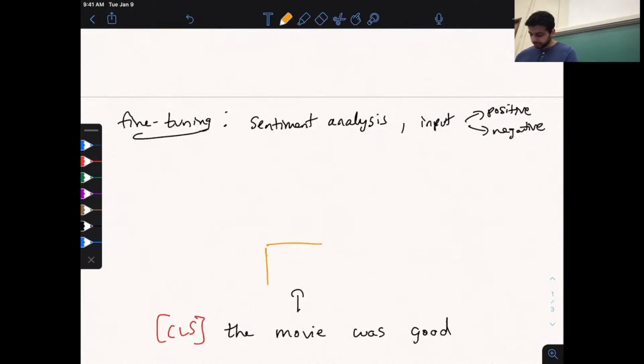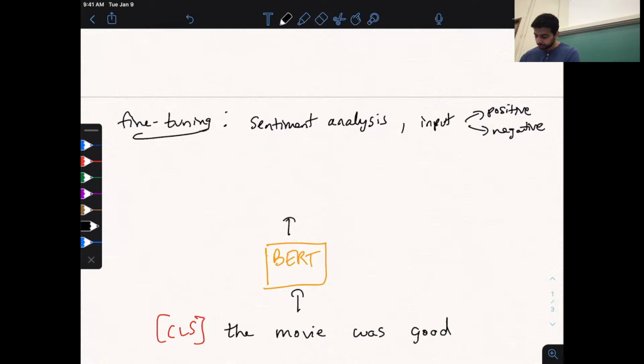And I'm showing it in a different color to indicate that this module was pre-trained already on the masked language modeling task that we discussed earlier. So now we're going to feed a new sentence into BERT, this time unmasked. And what do we get as output?